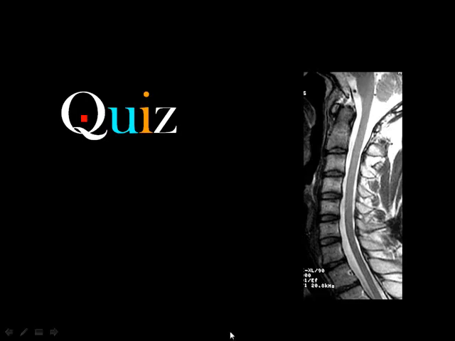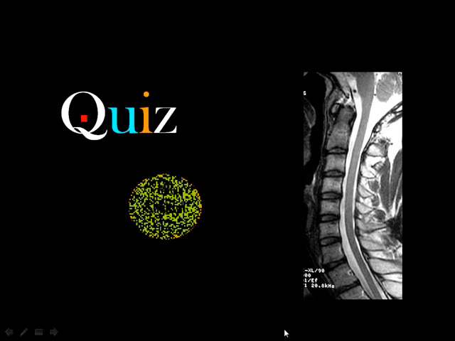Then these are a few quiz cases just for testing the knowledge. What do you say about this? This is MRI, this is the cervical spine, this is a sagittal image, and this is a T2 weighted image. Do you see any pathology?